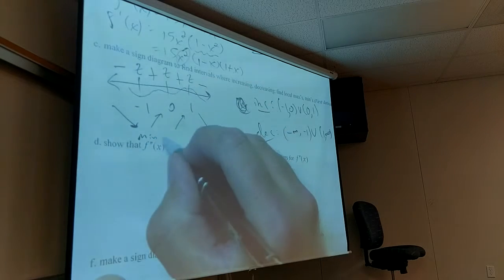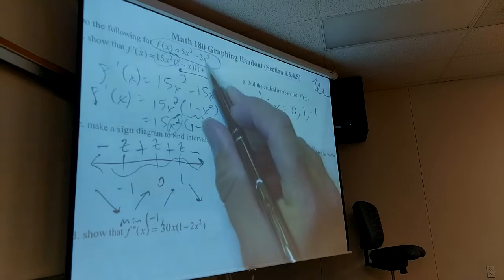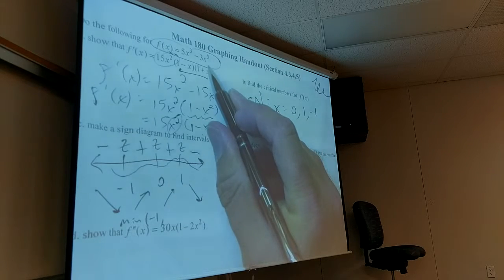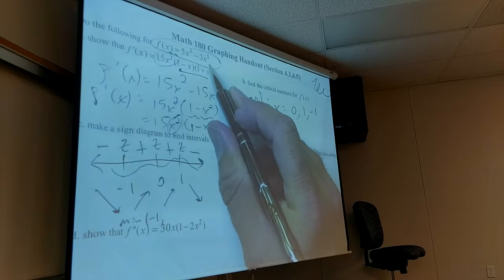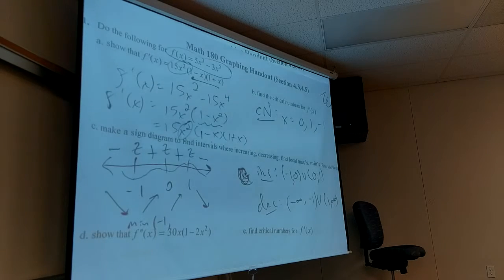So it's got to be a minimum there at negative 1, what? So now I've got to plug it into this sucker. I try to make a big deal out of that. You've really got to be careful about, do I use F prime for what I'm doing right now? Do I use F? Do I use F double prime? So yeah, you should get, I think it's negative 2, right? Negative 2.